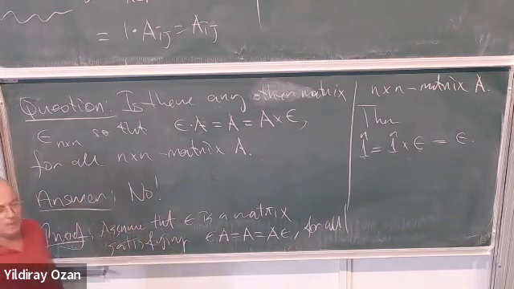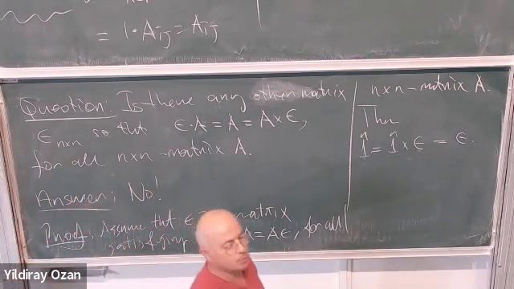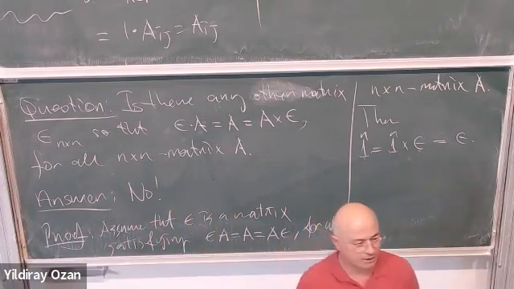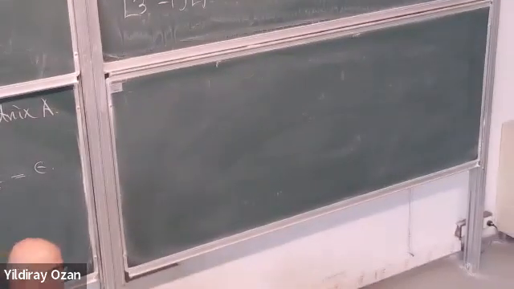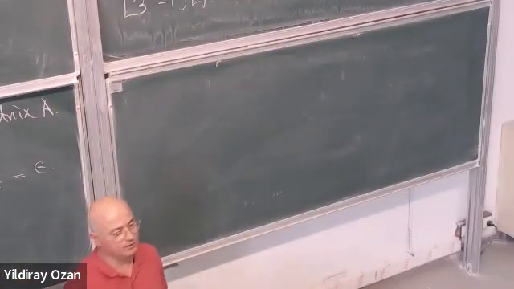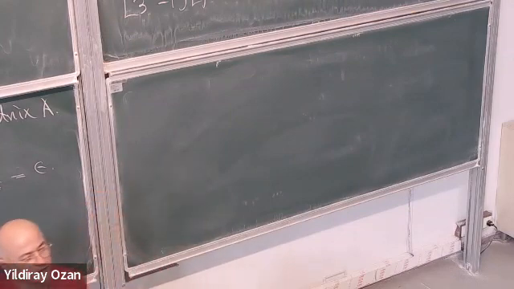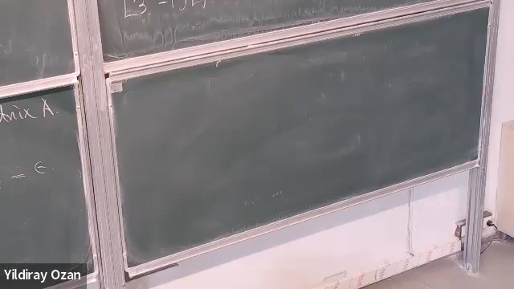So A times B and B times A should both be identity, okay? So that's the definition of inverse. You are right, there are also definitions like left inverse, right inverse, but here I just defined the inverse of a matrix. And what is the inverse? Inverse of A is just a matrix B satisfying both equalities. Okay.